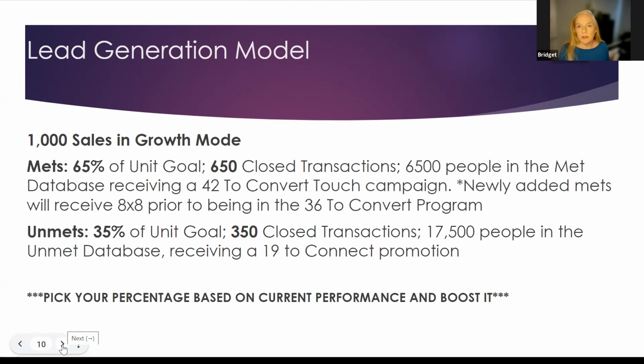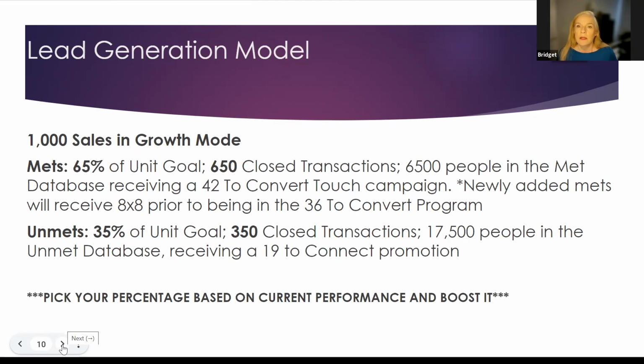If you have a freshly met lead that's ready to have a listing appointment and a buyer consultation that minute, don't give them the 8x8. The 8x8 is for people that say, hey, we're moving to Texas in June, we'd love to work with you to buy our house. That's where you need to solidify that relationship. If they're going straight into a buyer consultation to go see properties and right into a listing appointment within the next week, they don't need the 8x8.